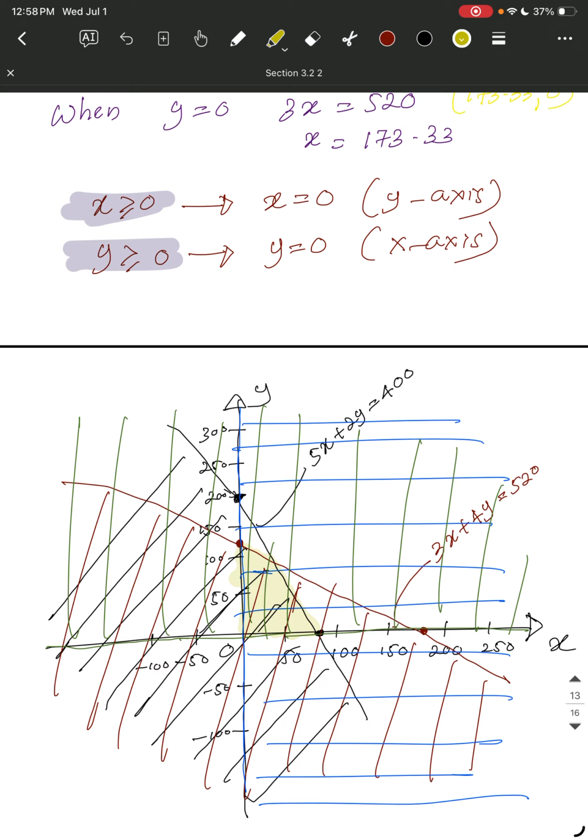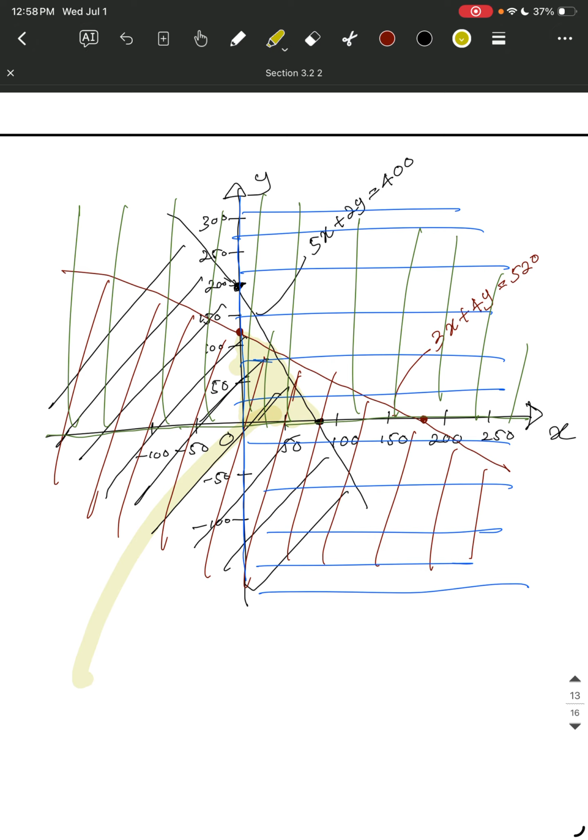So this would be the feasible region. Now we find the overlapping region, so that is the feasible region.